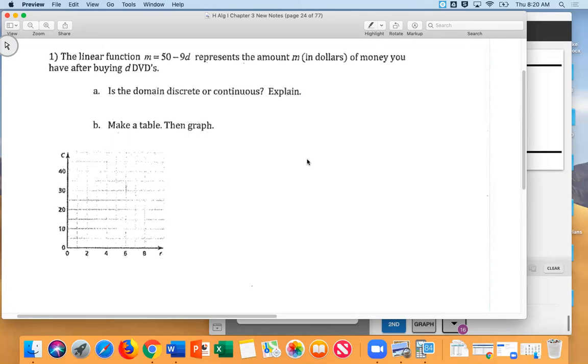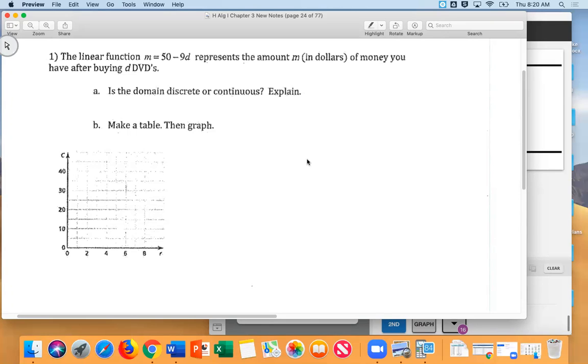Let me ask you this. Is the domain discrete or continuous? Do you think it's going to be smooth or is it going to be broken up? What do you think? Take a guess. Discrete. Yeah, very good. It's going to be discrete. And here's why, Delaney. Because you cannot buy half a DVD.